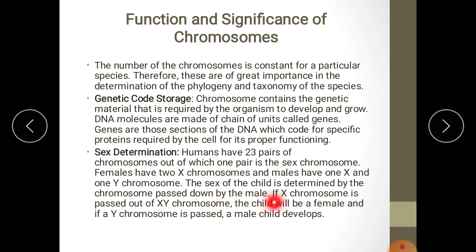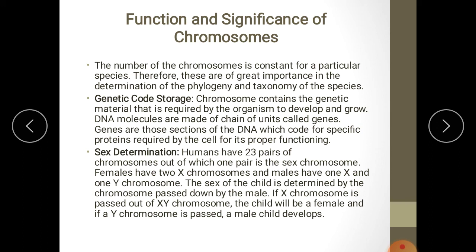If an X chromosome is passed out of XY, the child will be a female, and if a Y chromosome is passed, a male child develops.